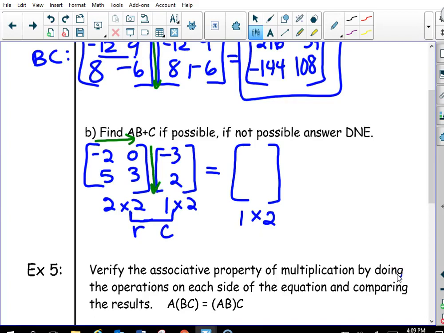Negative 2 times negative 3 is 6, plus 0 times 2, and 5 times negative 3 is negative 15, plus 6, so negative 9. So there's A times B, and we're going to add that to C.